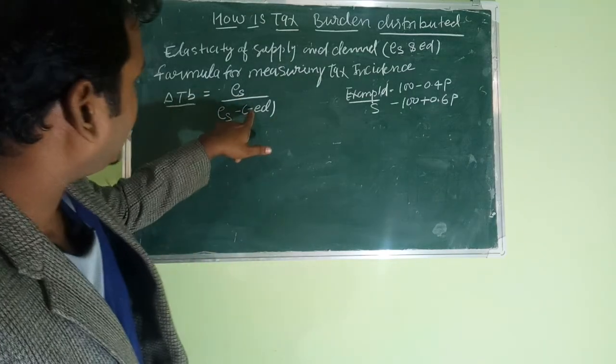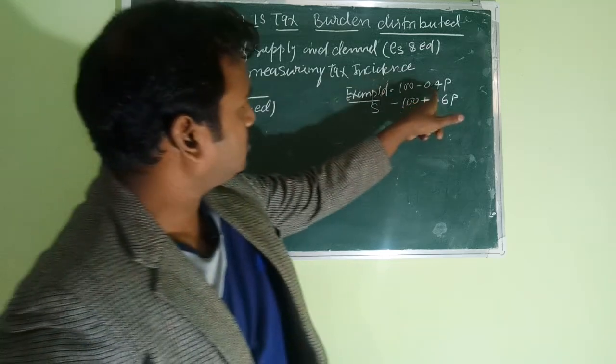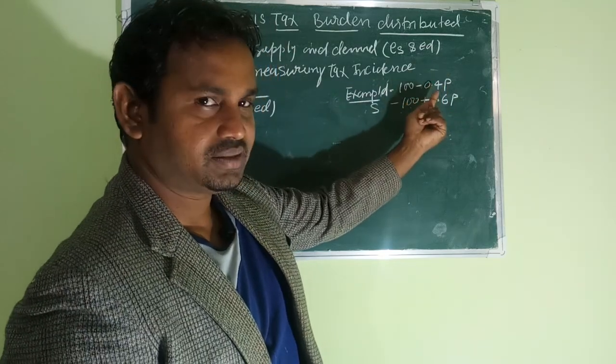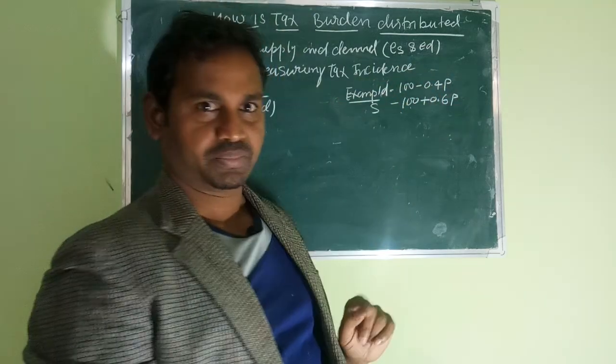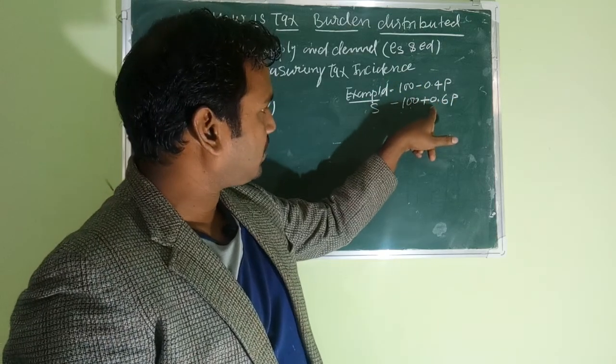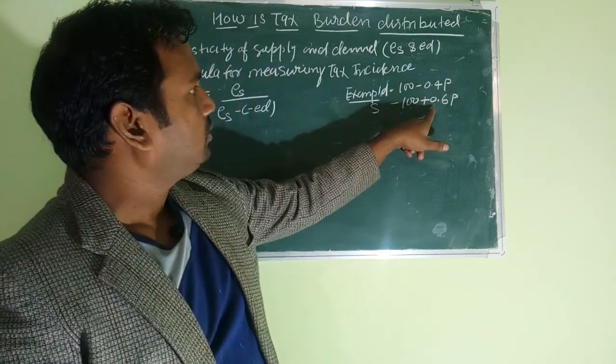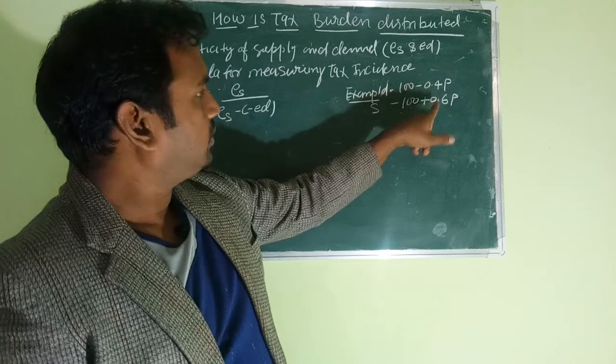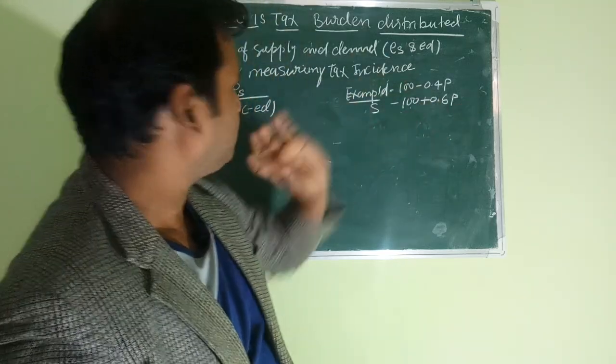Why is the minus sign here? Because price and demand have a negative relationship, so that's why it is always a negative sign. Price and supply have always a positive relationship, that's why the positive sign.